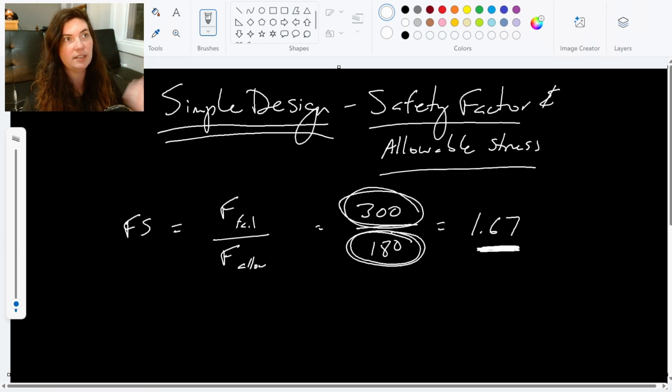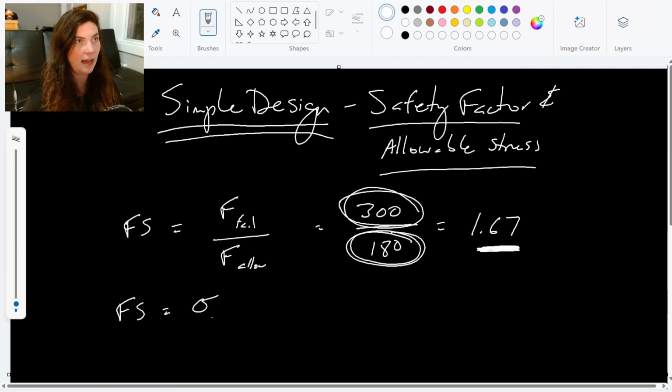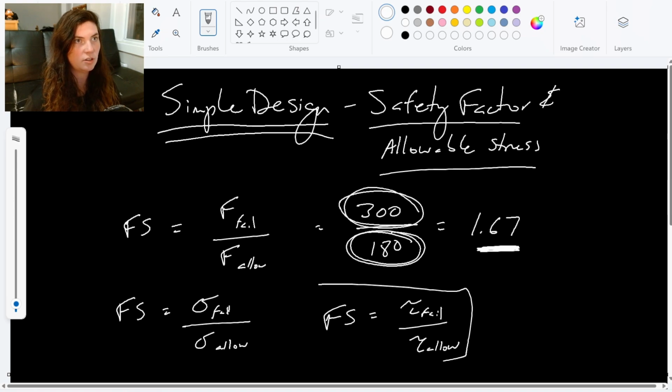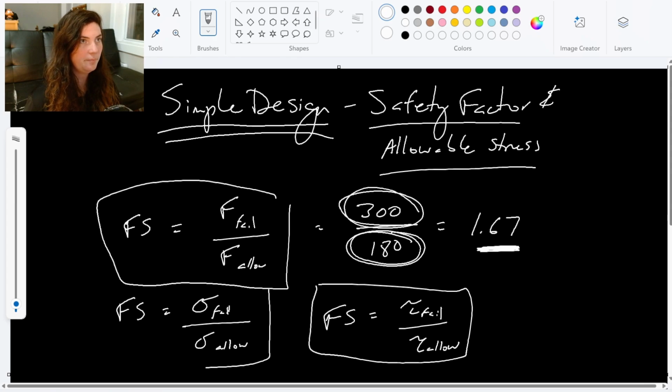So again, you'll see it listed as F failure over F allowable, but we'll also see it with the stress, right? So the failure stress over the allowable stress, this is our normal stress, or it can also be done with shear stress, tau failure over tau allowable. These are our factor of safety equations. We can use any of those.